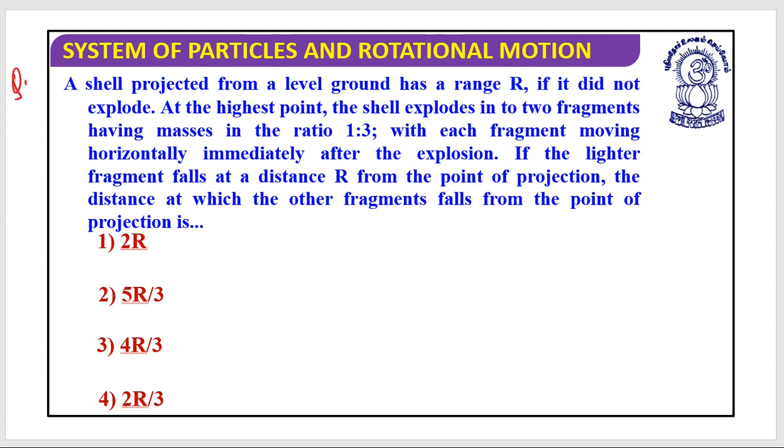The next question says that a shell projected from level ground has a range of r. If it did not explode, okay, at the highest point, the shell explodes into two fragments having masses in the ratio of 1 is to 3, with each fragment moving horizontally immediately after the explosion.